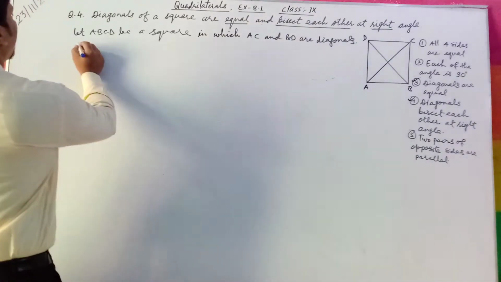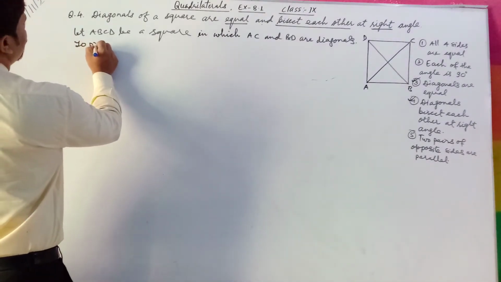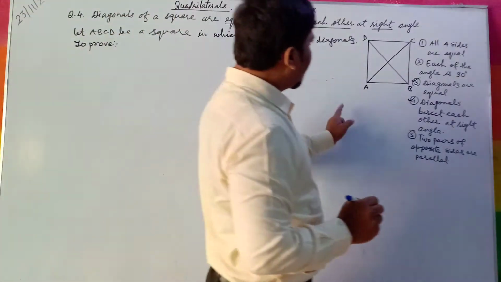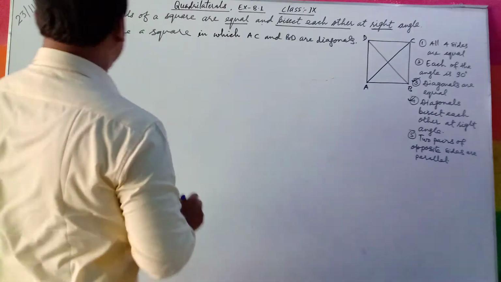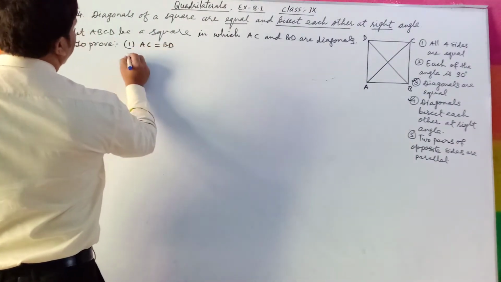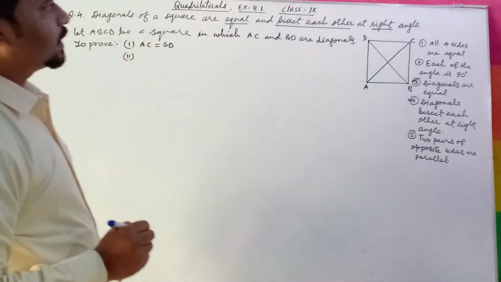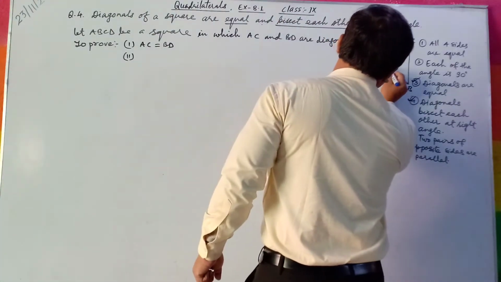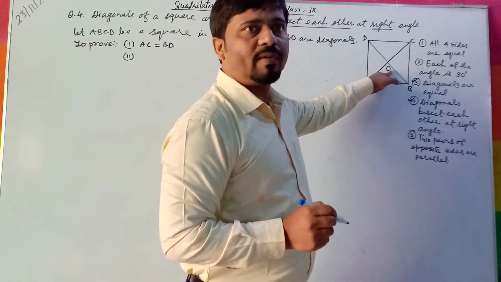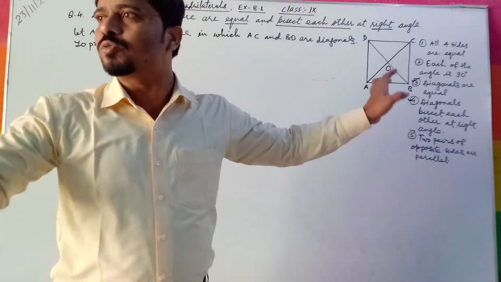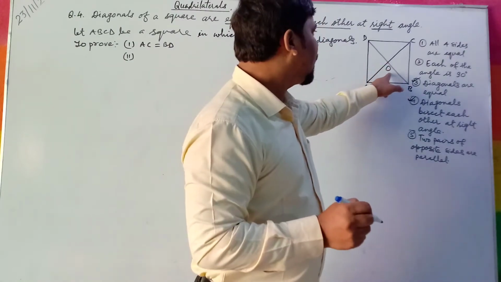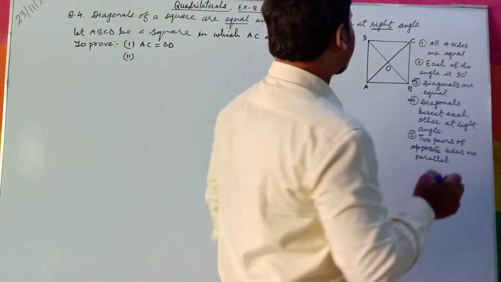After that, what are we going to prove? So we will write to prove. We are going to prove AC equal to BD first, and second, this is O, AC and BD intersect each other at O. We will not use the word bisect here because we have to prove they are bisecting each other at O. That we will prove. But we will write here intersect.